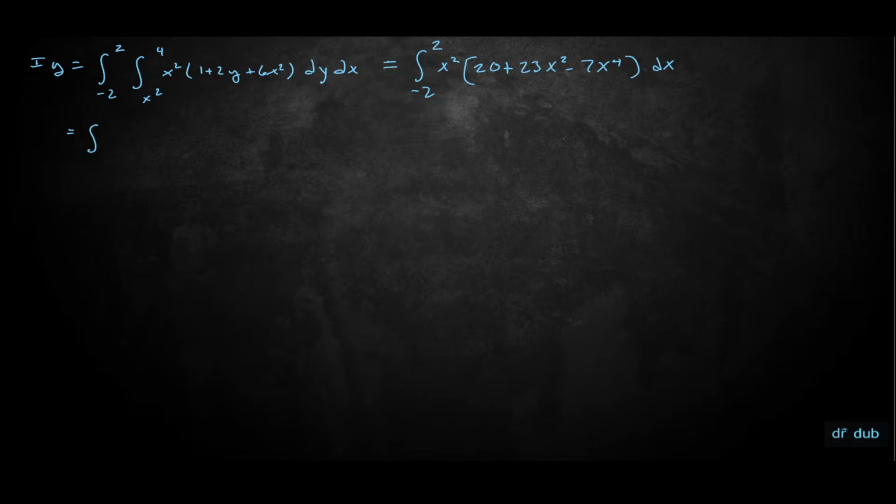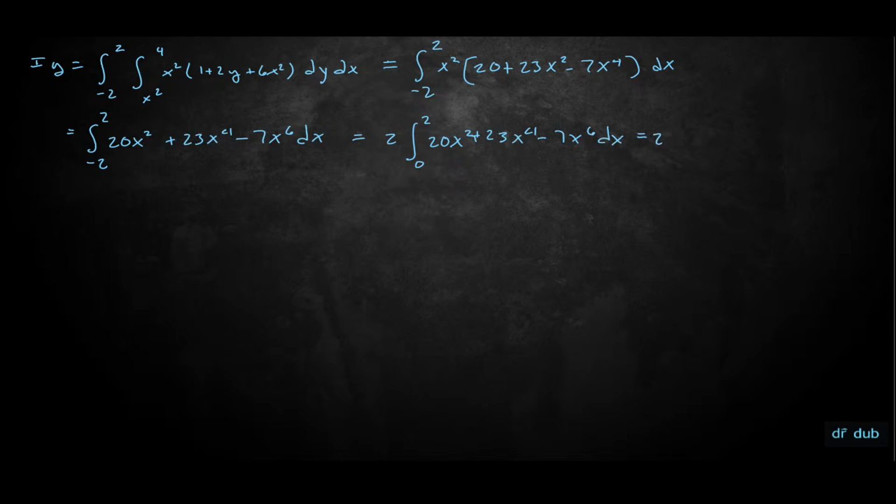And that's going to be the integral from negative 2 to 2 of 20x squared plus 23x to the 4 minus 7x to the 6 dx. Now use the symmetric interval even function property, so 2 times the integral from 0 to 2 of 20x squared plus 23x to the 4 minus 7x to the 6 dx.